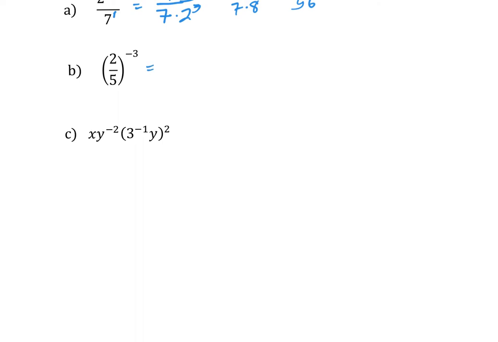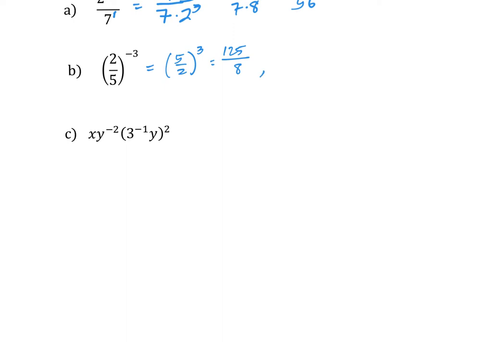Remember, to make a negative exponent positive, you flip. You flip everything. So if it's 2/5 and I just flip it to 5/2, then that -3 will become a +3, which in turn will become 5 to the third, which is going to be 125, and I won't write that out. And then 2 to the third becomes 8.